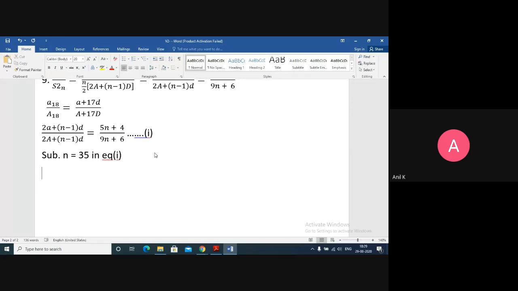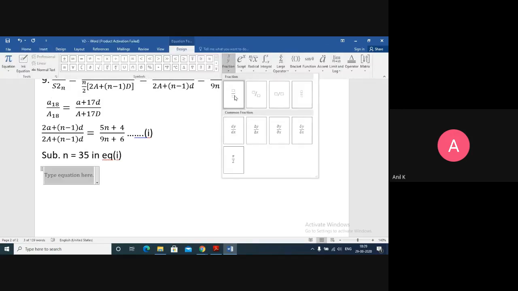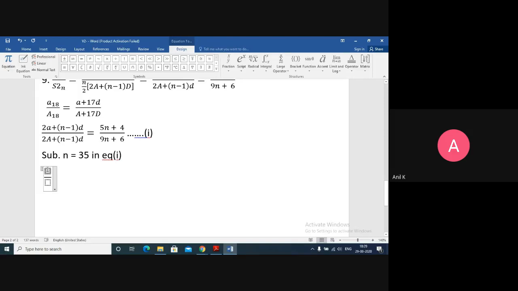Let me see what we get if I substitute n equals 35 in the LHS and RHS. Then we'll come to the conclusion why I have taken n equals 35. So you'll get 2a plus, if I substitute n equals 35, it will be 35 minus 1, which is 34, so 34d.